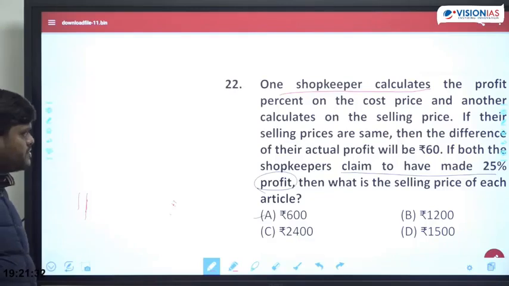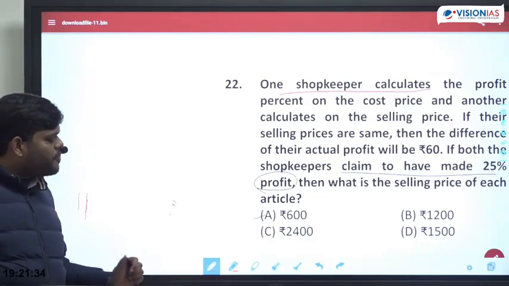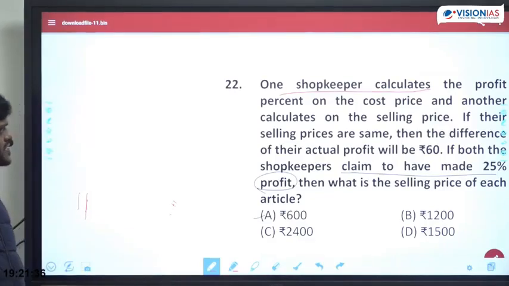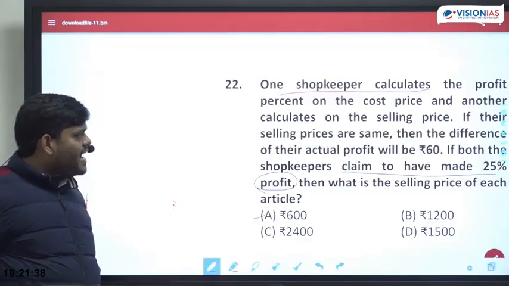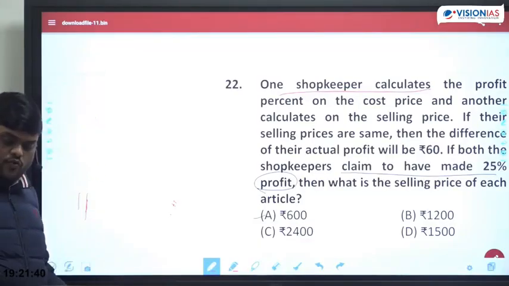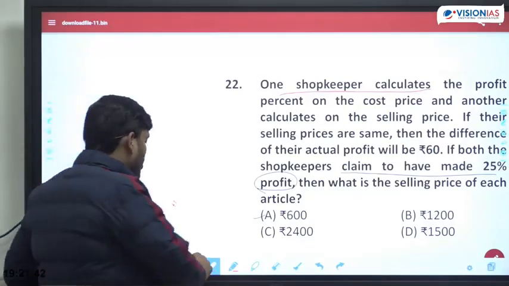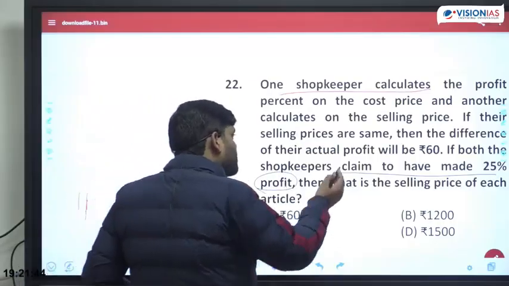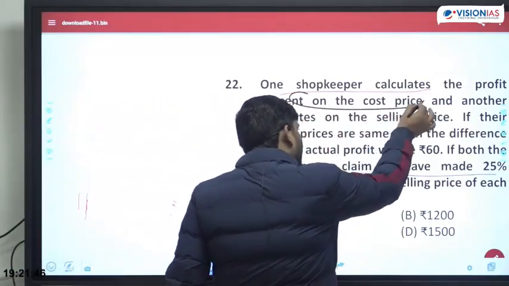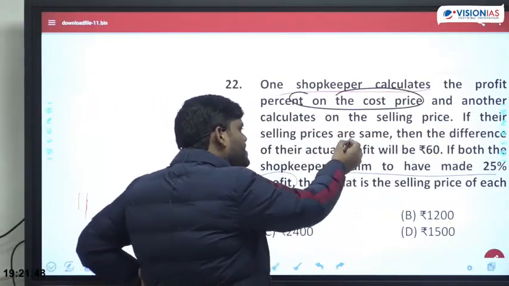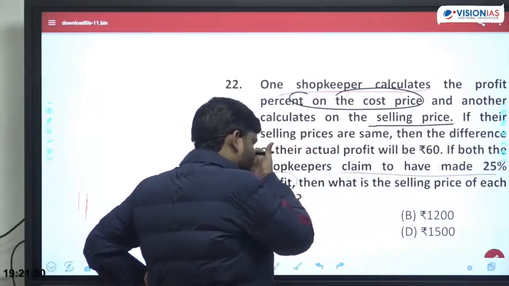Try this question. A shopkeeper calculates the profit percent on cost price and another calculates on selling price. In one case, the profit percent is calculated on the cost price and by mistake on the selling price. ठीक है ना?